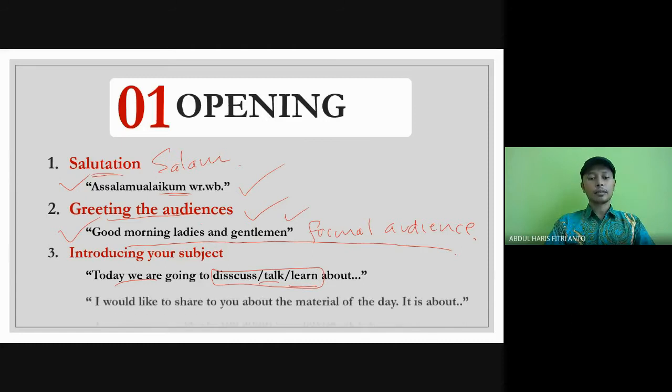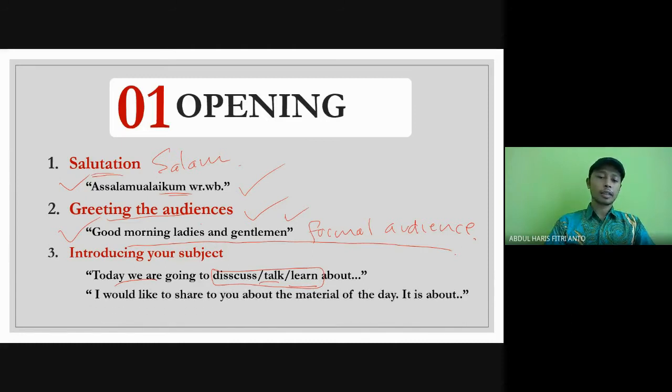After that, the other example: I would like, or you might say, I'd like. It's the same. I'd like to share with you about the material of the day. It is about.